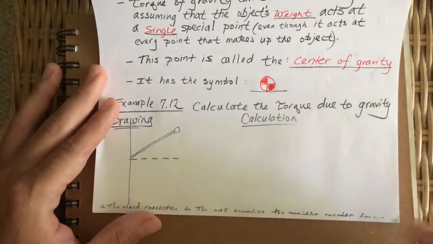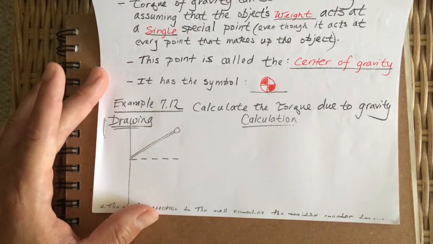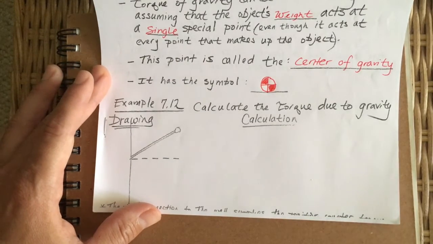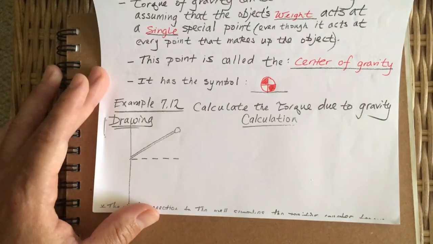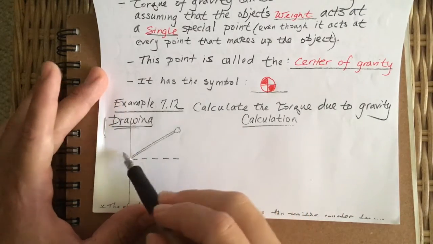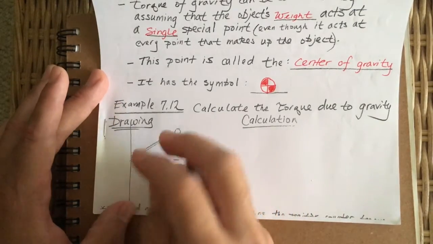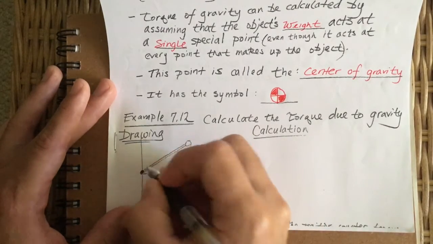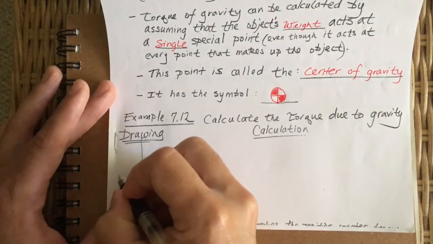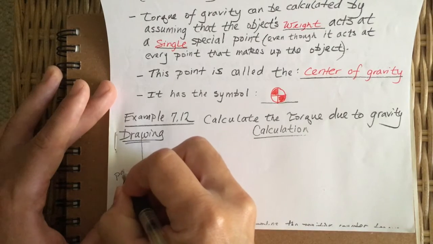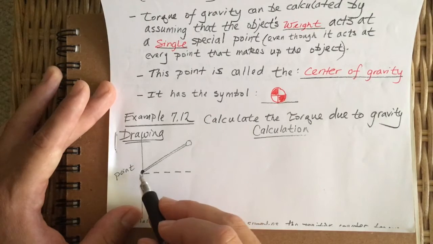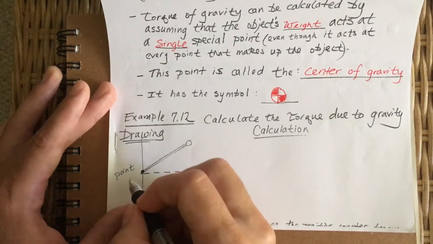So if we look at this question down here, which is example 7.12, I think they tell us that we are given a flagpole which is attached to a point. There's a point of attachment right here to a wall, and we want to know what is the torque due to gravity about this point of attachment.